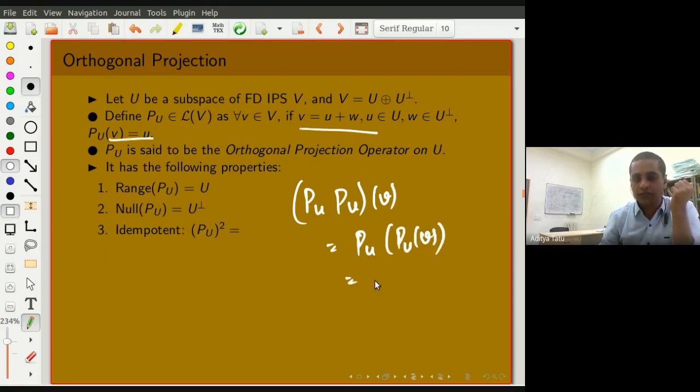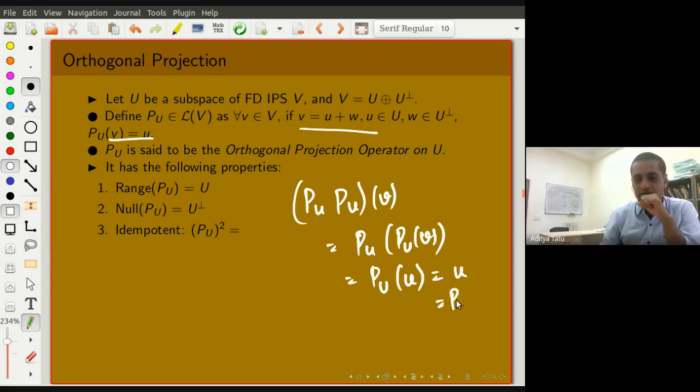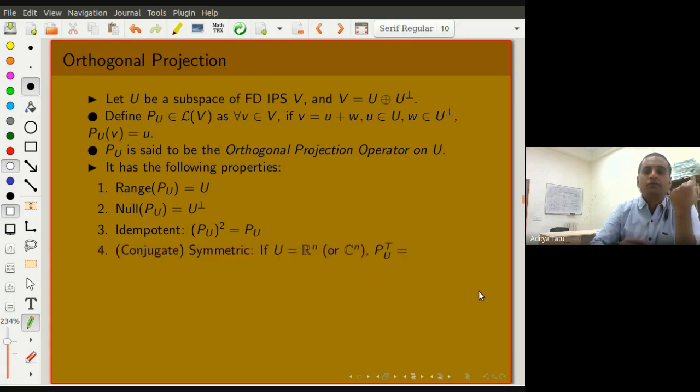It is small u. So what is PU applied to small u? It is u, which is nothing but PU applied to V. So it doesn't matter how many times we apply PU; once we apply it once, that is enough. This property for any linear operator is called idempotence, or idempotent.